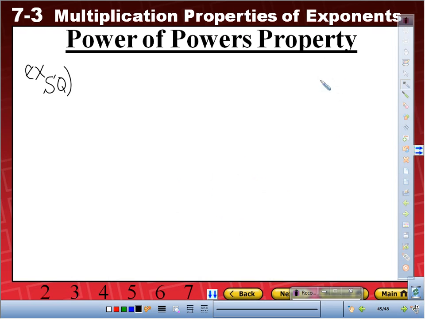So once again, we already finished the product of powers property. Now it's the power of powers property. You write example SQ, open parentheses, 2 to the second power, close parentheses, and raise that to the third power.